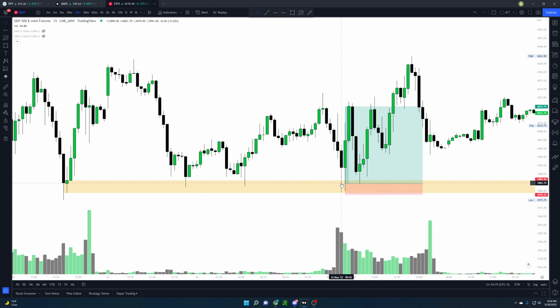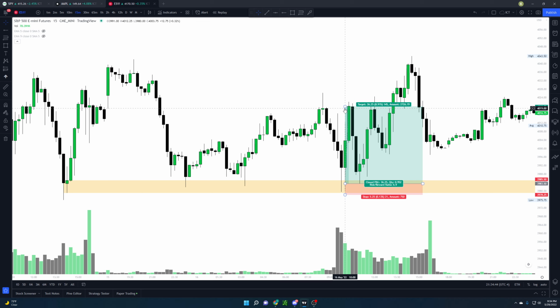So even on 0 DTEs, if I enter in here and stop out right there, that's going to be -10, -15% max. So you're risking -10, -15% to make, what is this up here, let's say 50, 60%, right? That's the reason why I'm saying higher probability, something I would full port. Definitely not saying full port it though.